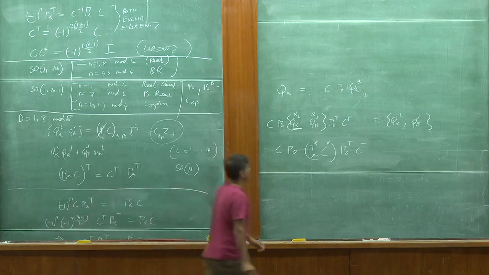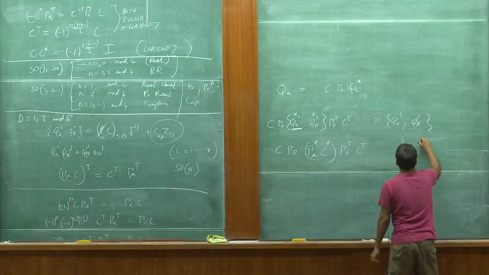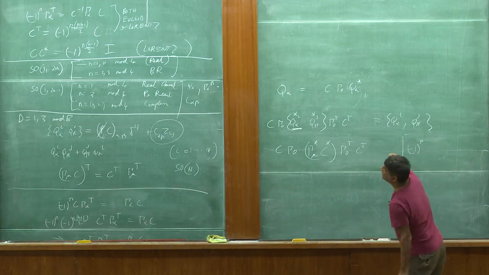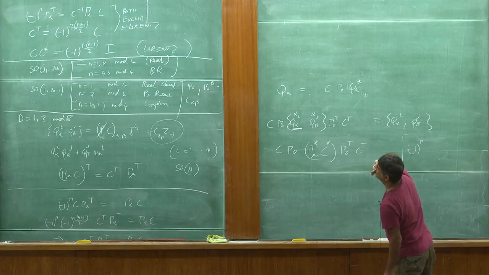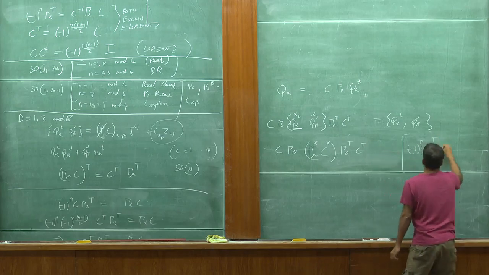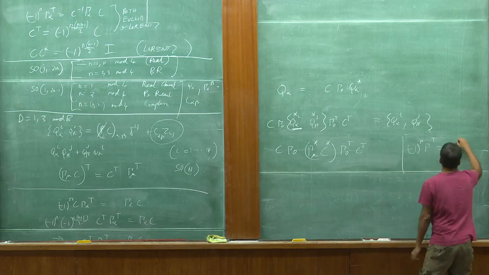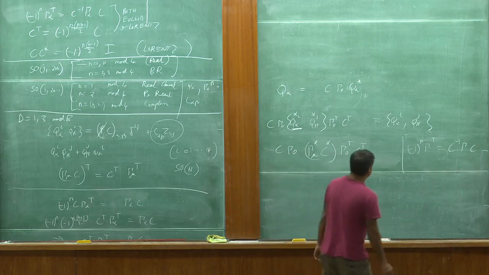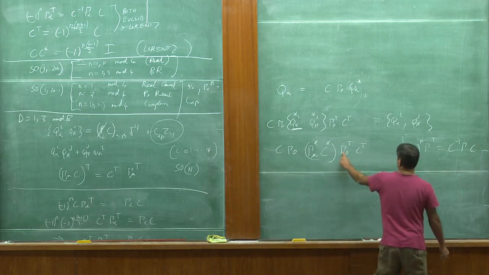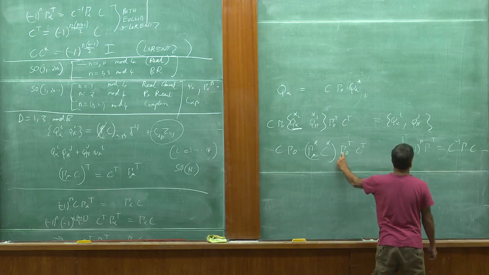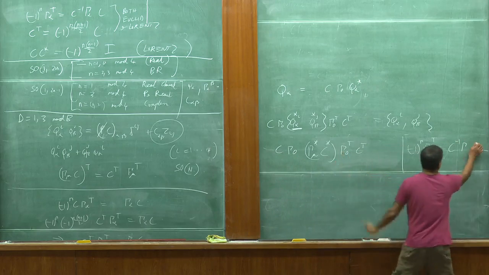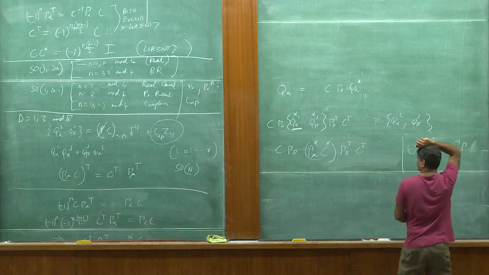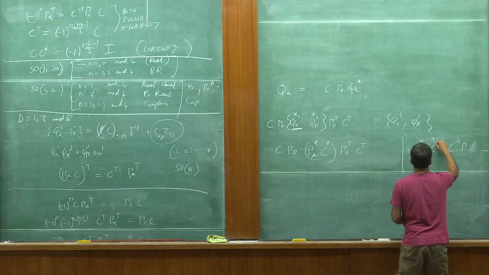Our transposition rule, just to have it again, was minus 1 to the power n times gamma transpose is equal to C inverse gamma C. So we had a gamma transpose here. Let's multiply this on this side with a C inverse.